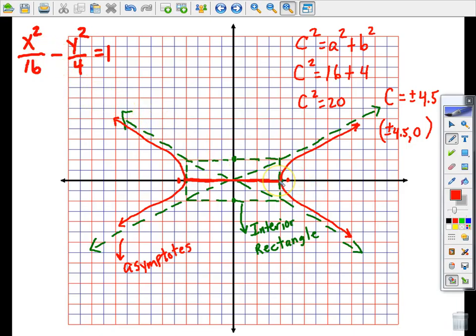It's where my graph crosses the x-axis at 4, 0 and -4, 0. Well, that line that connects the vertices has a name, and it's called the transverse axis.